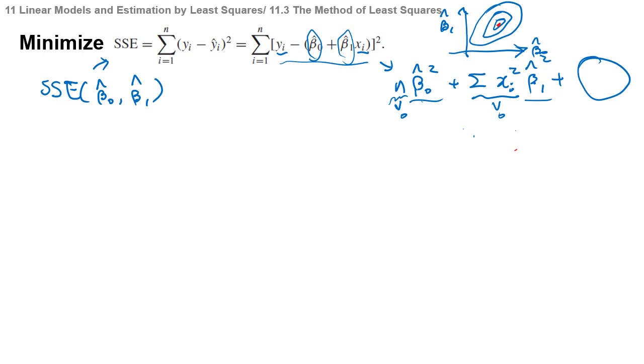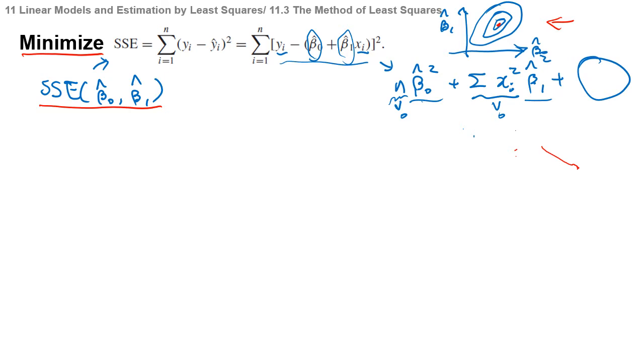The shape of function SSE can be represented like this, and the minimum is achieved at this red point. What we would like to find is this red dot.